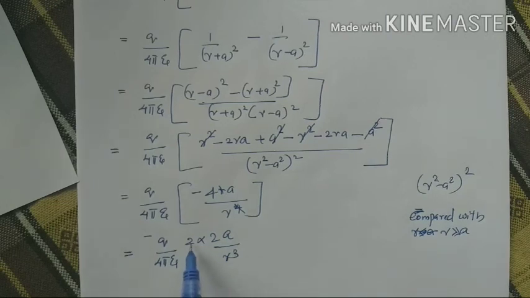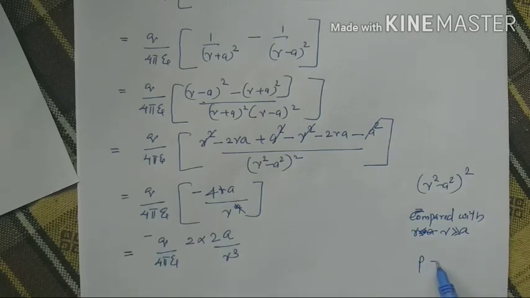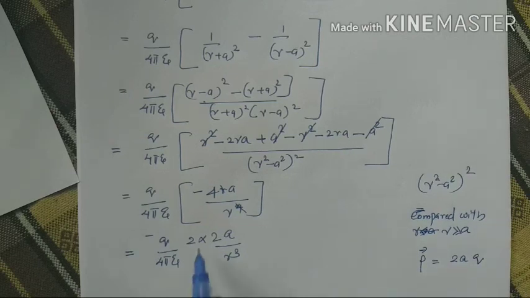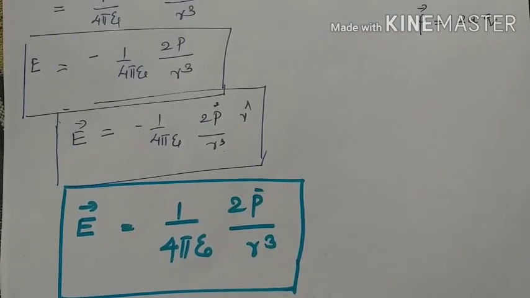Now the product of distance and charge is the dipole moment, we have already studied, which is a vector quantity. The direction of the dipole moment is just opposite to the direction of the electric field. So I will be replacing that quantity there. So the total electric field I can write as E is equal to 1 by 4 pi epsilon 0 into 2p by R cube.